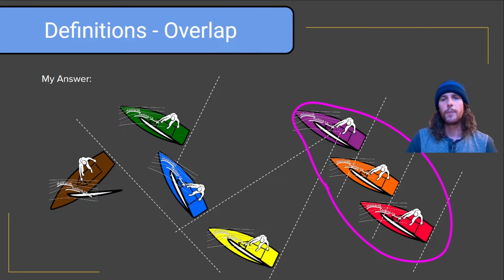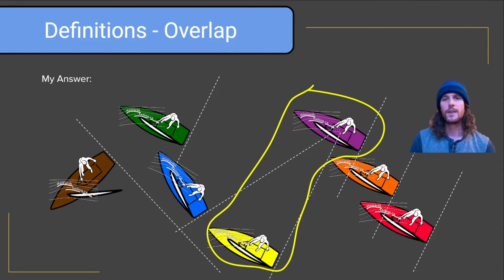The group of boats, the magenta, the orange, and the red boat, are all overlapped with one another because the red boat crosses the orange boat's line and the orange boat crosses the magenta boat's line. And because the red boat and the magenta boat have the orange boat caught in between them, all three are overlapped.